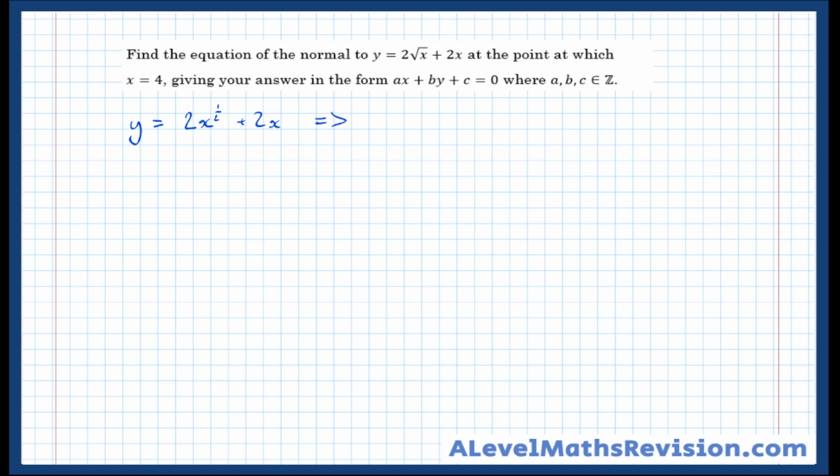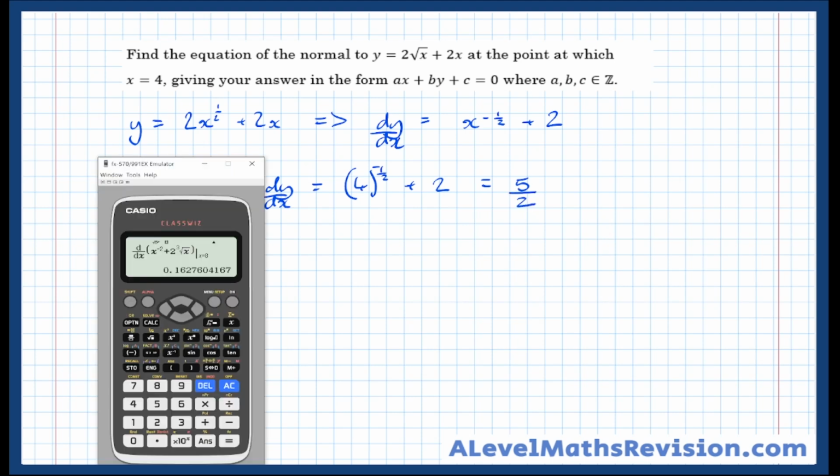And now we're ready to differentiate, which means that dy by dx equals, so a half of 2 is 1, so it's x to the minus 1 half plus 2, and then subbing in x equals 4, dy by dx equals 4 to the minus 1 half plus 2, and 4 to the minus 1 half is a half, plus 2 is 5 over 2.